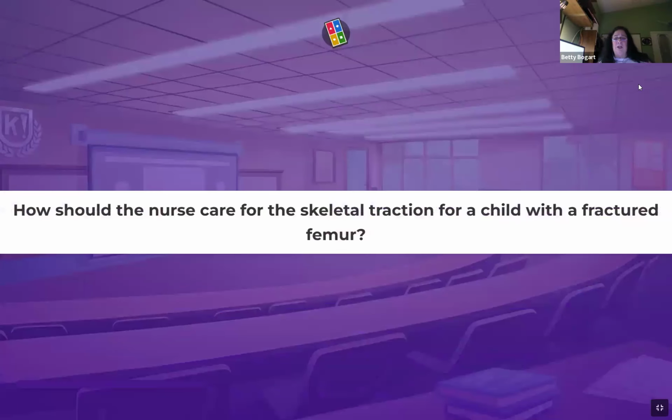Multi. How should the nurse care for the skeletal traction for a child with a fractured femur?